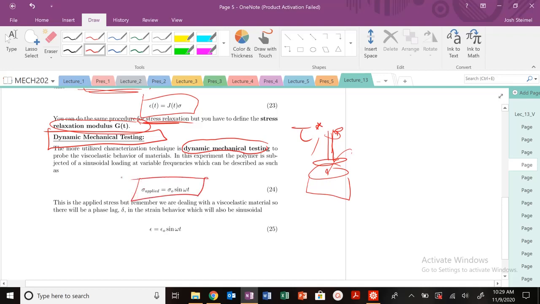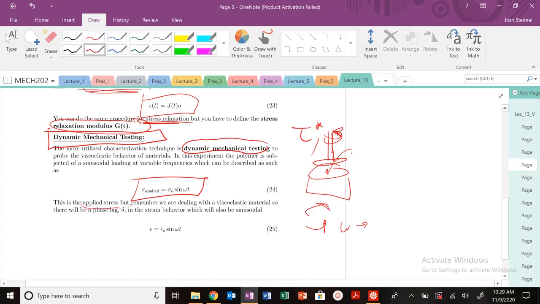That's actually described right here. So I'm going to twist this little plunger into my material, and I'm going to twist it at different frequencies. I'm going to vary the frequencies at which I rotate that mini plunger.